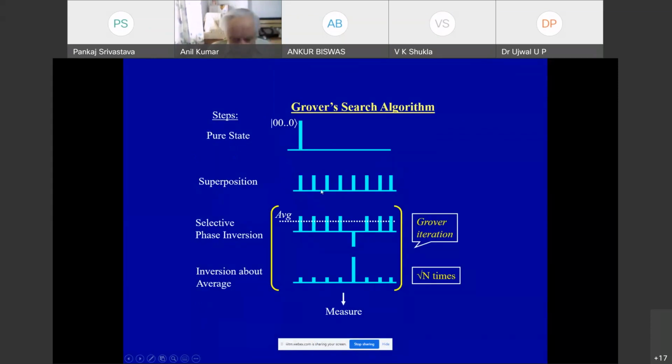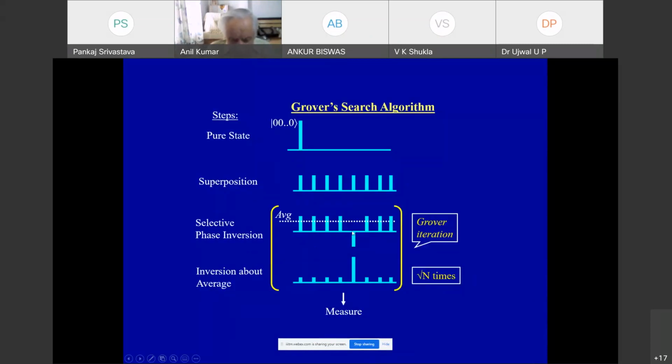Then you ask somebody. Of course, you have to know what state you're searching. So you take a black box, or you ask a friend of yours to come and invert the search state. Okay, and you close your eyes. You don't know which state has been inverted.